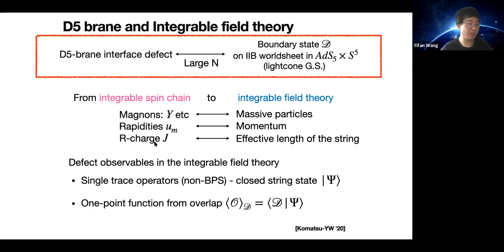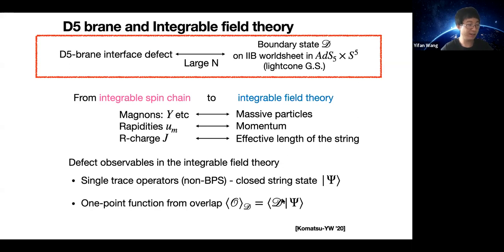And R charge corresponds to the effective length of the closed string, as seen by a massive particle. And the one-point function in super Yang-Mills in the presence of this interface is simply computed by some overlap between the closed string state, psi, that represents single trace operators, and this defect boundary state.